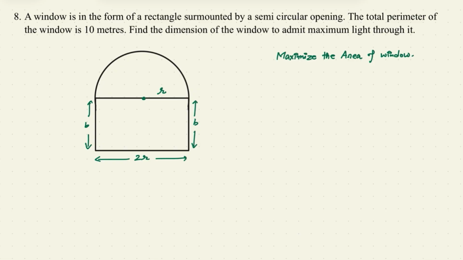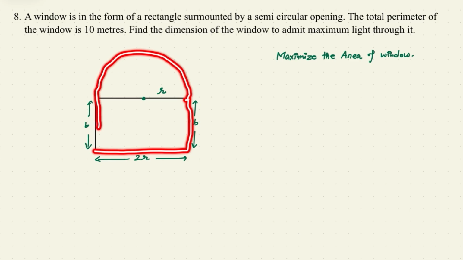Okay. Now since the question has given that the total perimeter of the window is 10 meter, so here the perimeter of the window means the length, which is 2r. We have to add b, we have to add the semicircle perimeter of this circle, and we have to add again b. So this total length is given 10 meter.